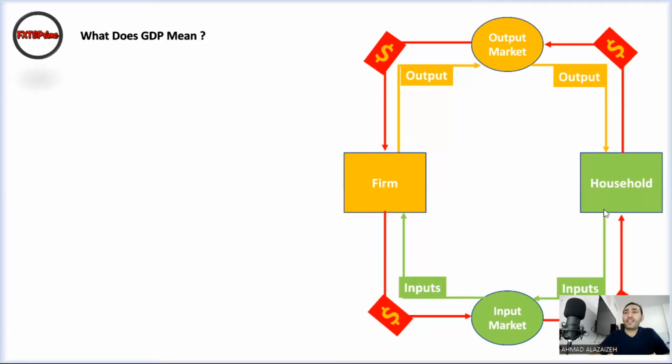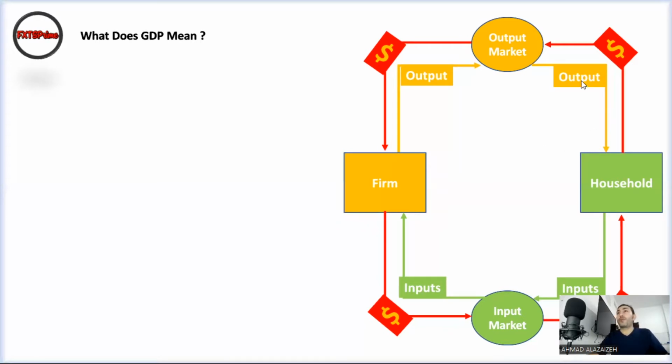So you can see how the cycle works, starting from the household, going to the input market, to the firm, then the output market, then coming back to the household. This is how the productivity is moving.